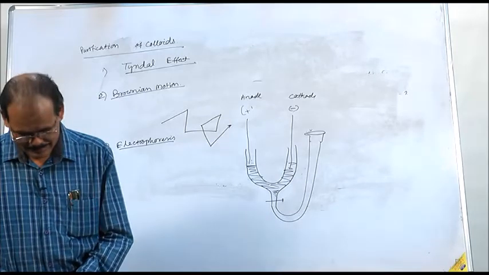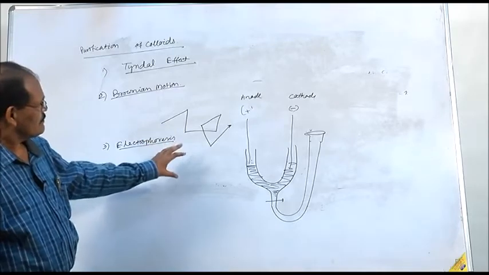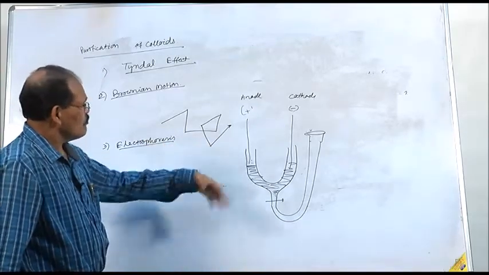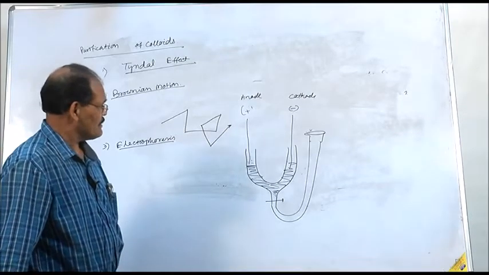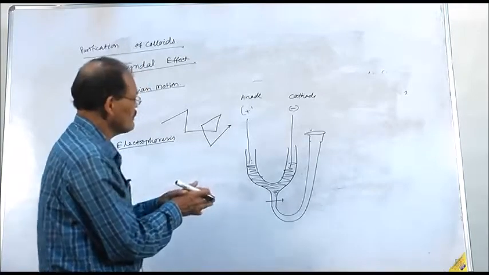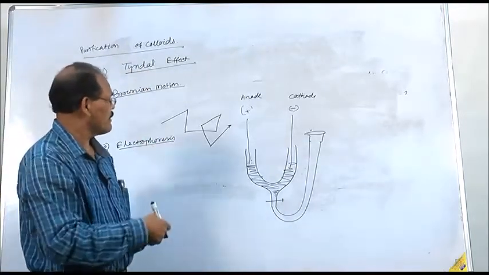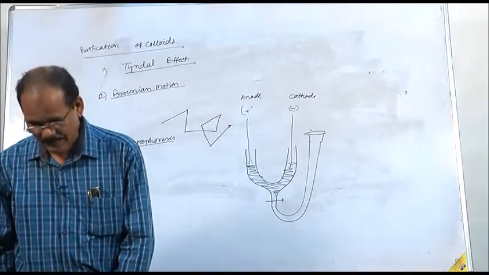So in that case, what happens? As long as there are electric charges around, they can move within the electric field. But as such, the colloidal particles are neutral. Neutral means every ionic charge is covered by oppositely charged ions.